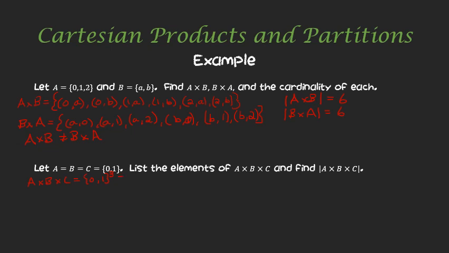And we can actually list the elements of this thing. So we want ordered triples. Remember, since we're doing the same set with itself multiple times, each coordinate will just come from the set {0, 1}. So (0, 0, 0) would be an example of an ordered triple. (0, 0, 1), (0, 1, 0), (0, 1, 1).